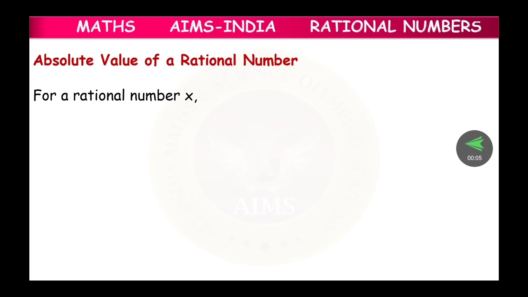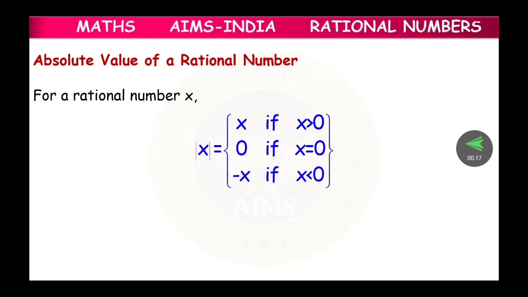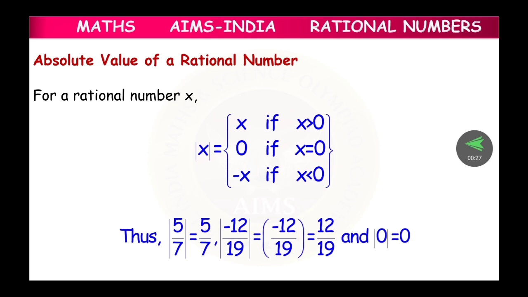Okay, children. Let's see another concept of rational numbers, which is the absolute value of a rational number. For a rational number x, it may be greater than 0, equal to 0, or less than 0, but the absolute value is always non-negative.